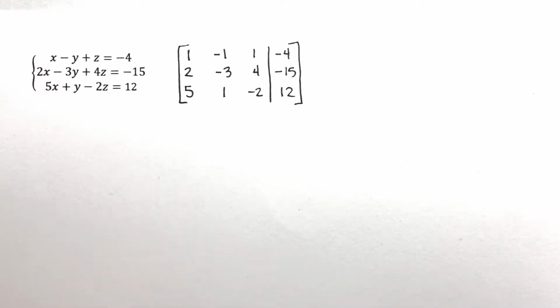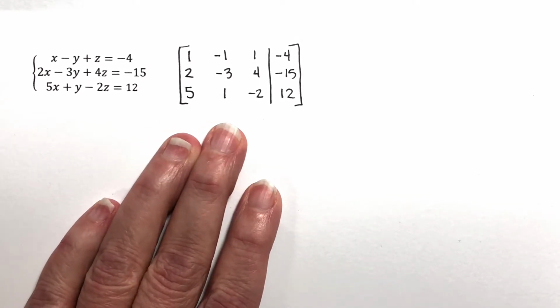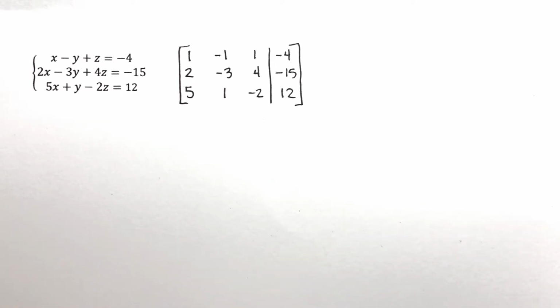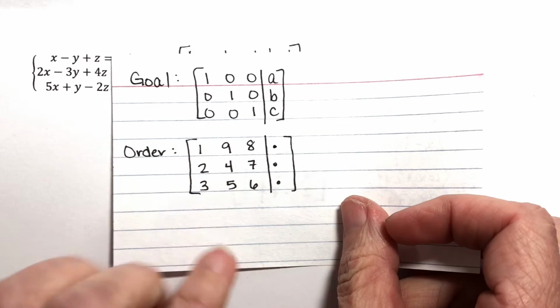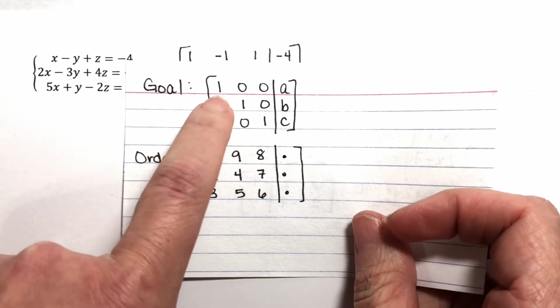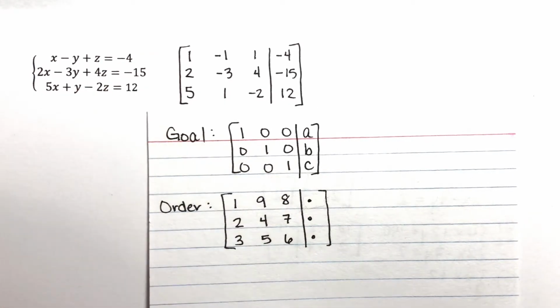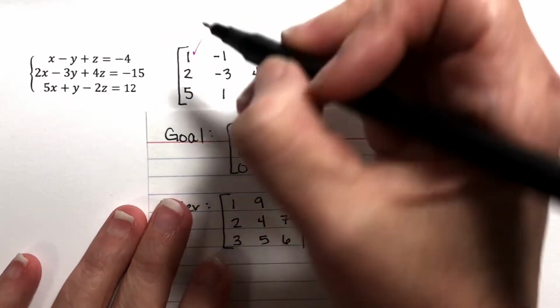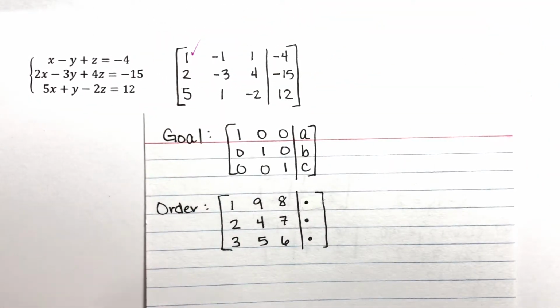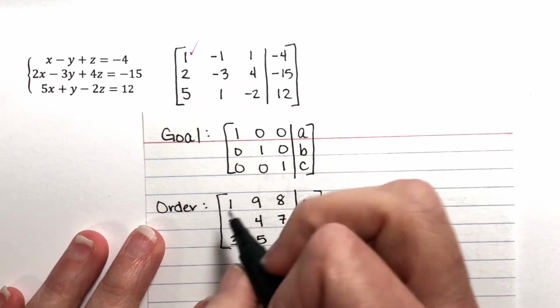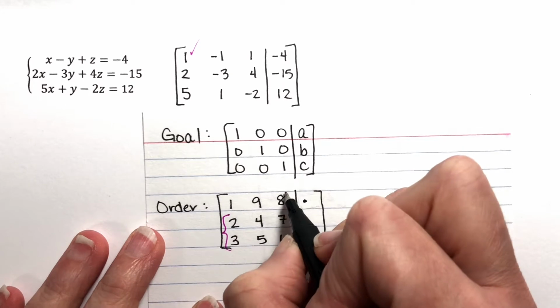Okay, so we're going to use our row operations, the same 3 ones we've had before. And we are going to get a 1 right here. That's our first step. And I already have a 1 right there, so I'm going to mark it. Now the next step, and remember, we can usually work these 2 together and these 2 together.